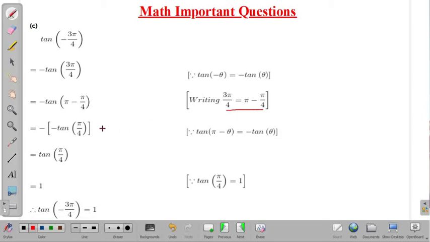So it will become minus of minus tan pi by 4, because pi minus theta will lie in the second quadrant, and in the second quadrant tan value is negative. So tan of pi minus pi by 4 will be equal to minus of tan pi by 4, and here it is minus into minus, so it will become positive tan pi by 4, and we know the value of tan pi by 4 is equal to 1. Therefore tan of minus 3 pi by 4 equal to 1.